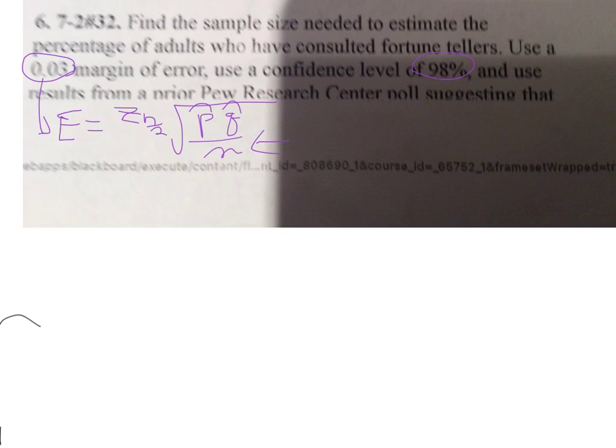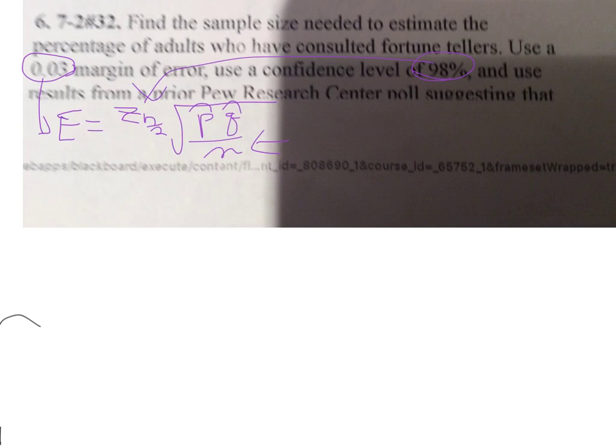Confidence level of 98%, so that's our Z, and so what we're talking about there with the Z is that we would have 1% on either tail, because we've got the 98% included in the normal range, which leaves 1% on either tail. Your p hat, let me see what we got for p hat here.